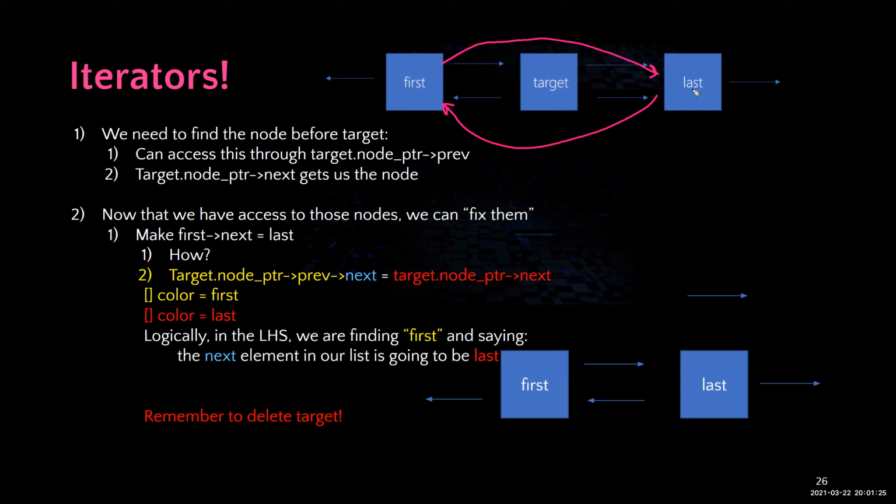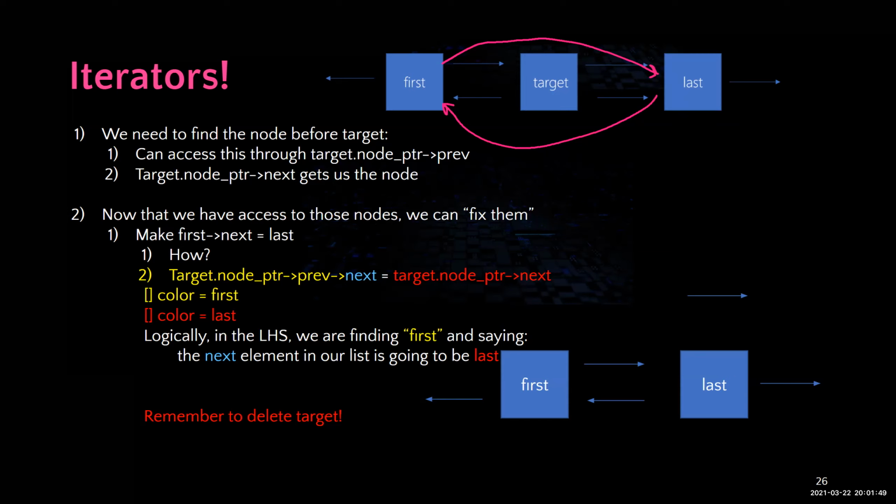You should be using stuff like target.node pointer previous next, right? Because it's not guaranteed your list will be of size 3. This is just a pretty good example to use because it's intuitive to understand. So please, when you're coding, remember that we won't always have first and last here. I want to stress that because I don't want you guys to code and have it not work. So yeah, we fix the connections like this.